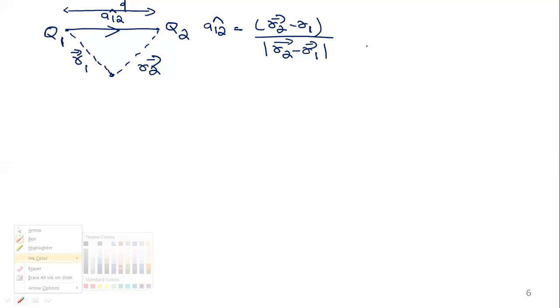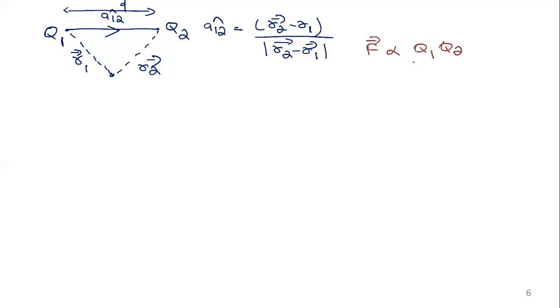The vector F is proportional to Q1 Q2 by d square. That's the statement which Coulomb made. So proportionality is removed by a constant K: F is equal to K Q1 Q2 by d square along the line joining charges 1 and 2, that is a12, the unit vector.